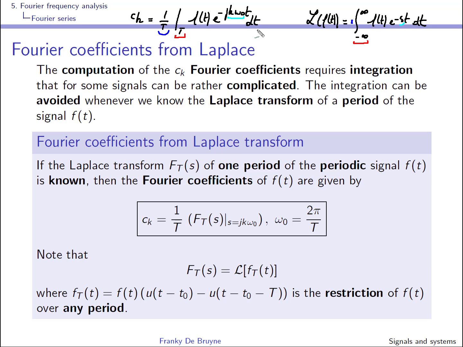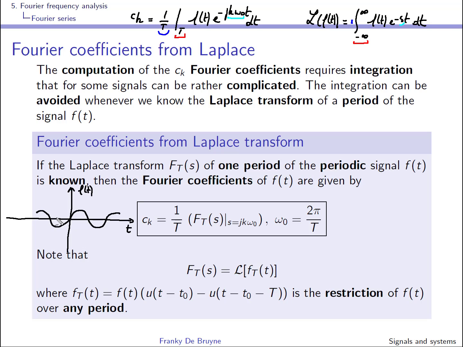Right, so how can we use the Laplace transform to compute the Fourier coefficients? Well, let us first draw a function f of t that is periodic. Here's an example. I'll draw it as periodic as possible. It's not easy. Okay.